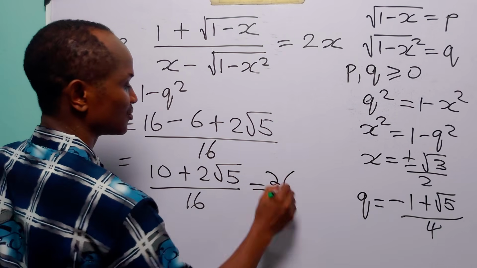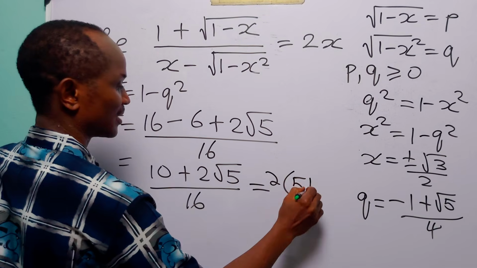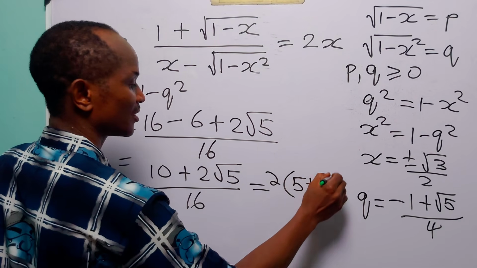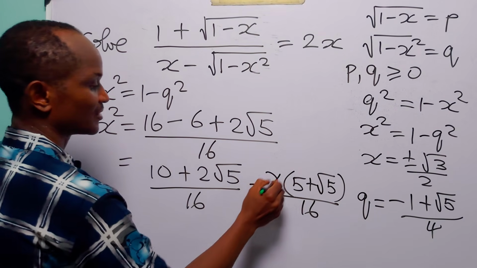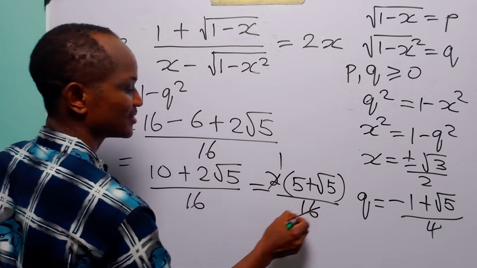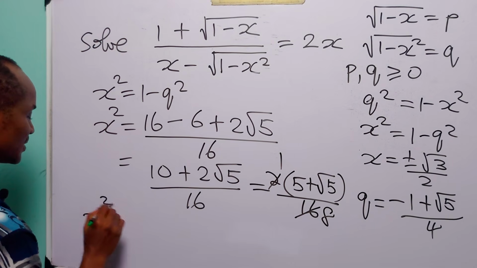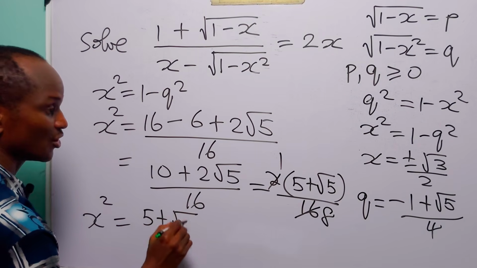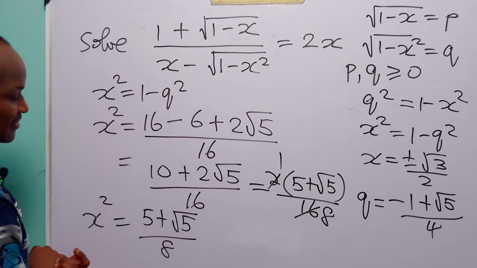We have 2 into 10 divided by 2 is 5. And of course, 2 root 5 divided by 2 is root 5 over 16. 2 into itself is 1, into 16 is 8. So x squared is equal to 5 plus root 5 divided by 8.